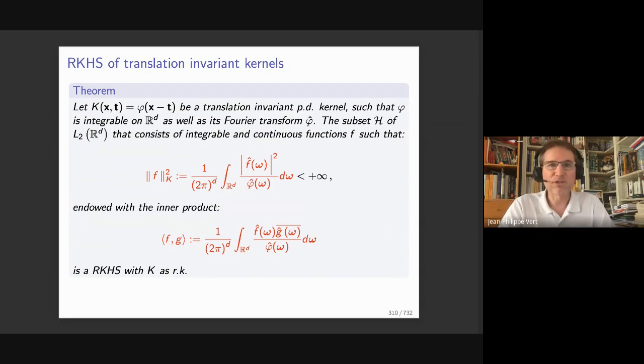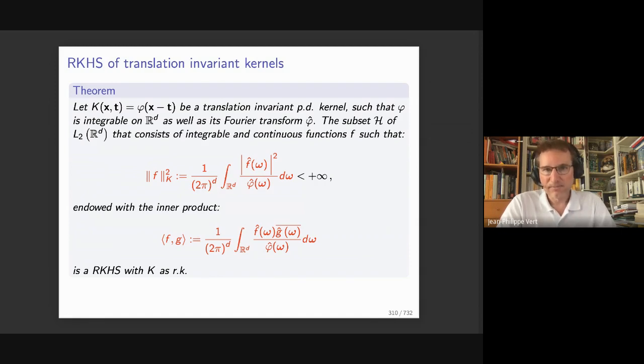So phi is not a measure anymore because phi is in L1 and phi hat is in L1. Now the Fourier transforms are just Fourier transforms of functions. Okay, and in particular, if phi is the Fourier transform of a function, then the function is the inverse Fourier transform of phi. So it's phi hat.